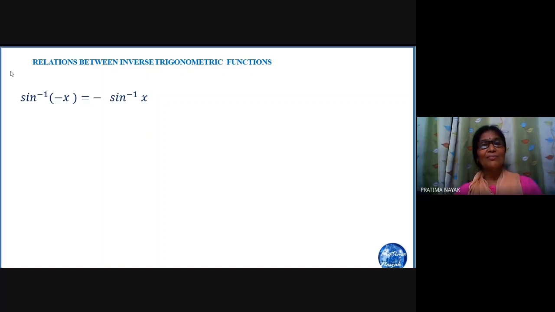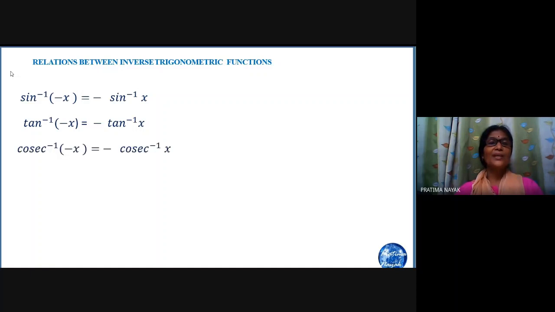Now some other set of relations. Sine inverse of negative x is equal to negative sine inverse x. Similarly, tan inverse of minus x is equal to minus tan inverse x. Cosec inverse of minus x is equal to minus cosec inverse x. So they are similar formulas. Then what will be the other three?